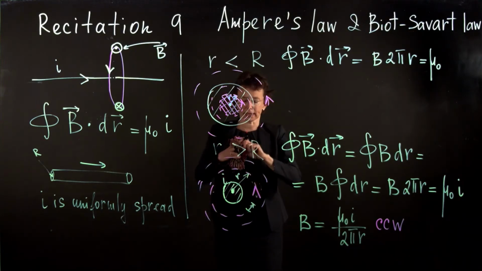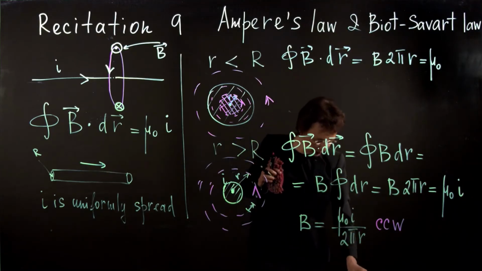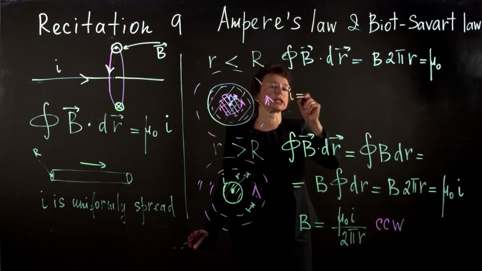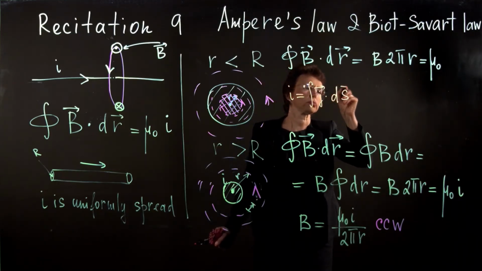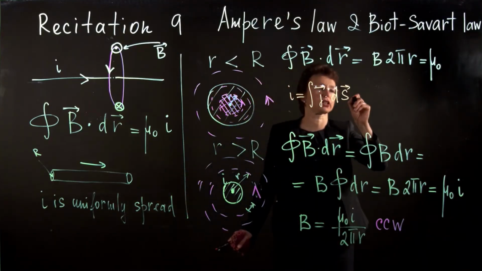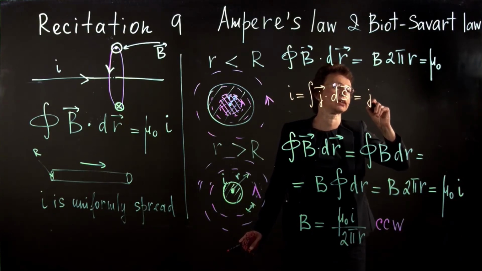Well, let's recall what current density is. So what is current density? We talked about it. By definition, current is the integral of J dot ds. It was given that the current is uniformly spread, so I can take J out of this integral. It is J times area.